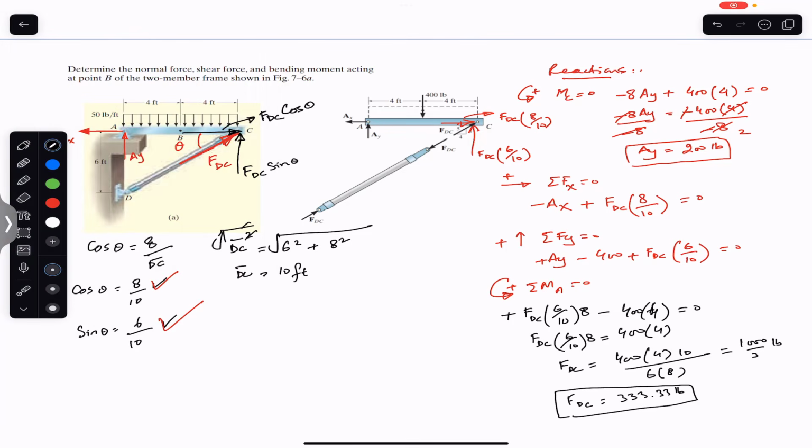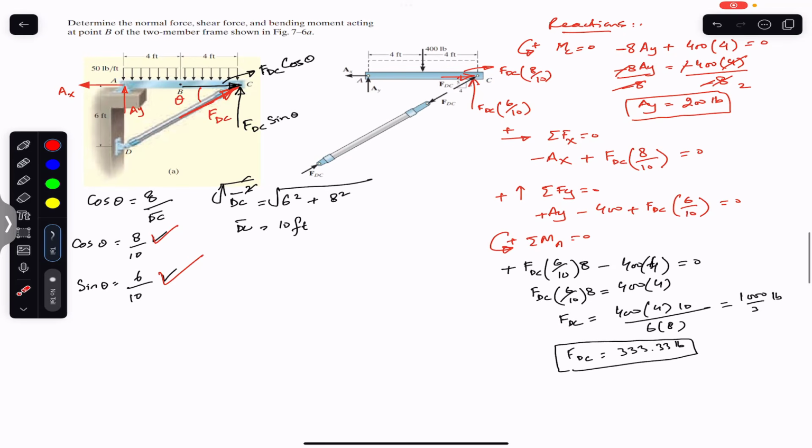Now we have determined FDC. We can plug in that FDC value in both of these equations, so that both of these equations will give us AX and AY respectively. So let's put these, this is equation 1 and this is equation 2. So let's put FDC value in equation 1. So we will have AX from equation 1, AX equal to FDC times 8 divided by 10, and let me write FDC in fractions.